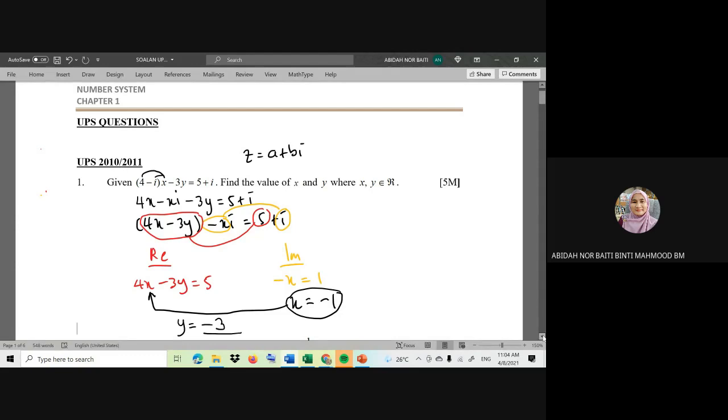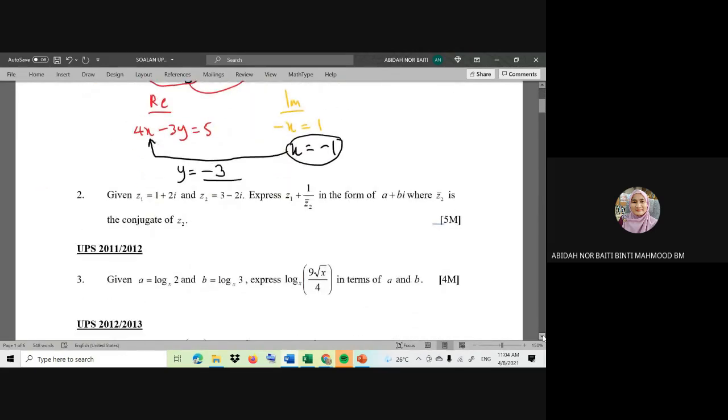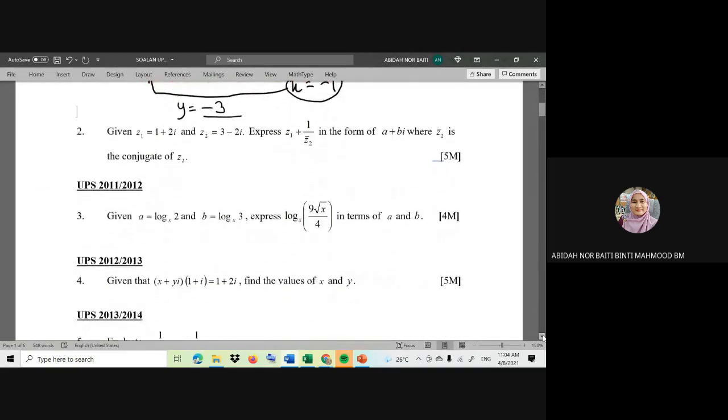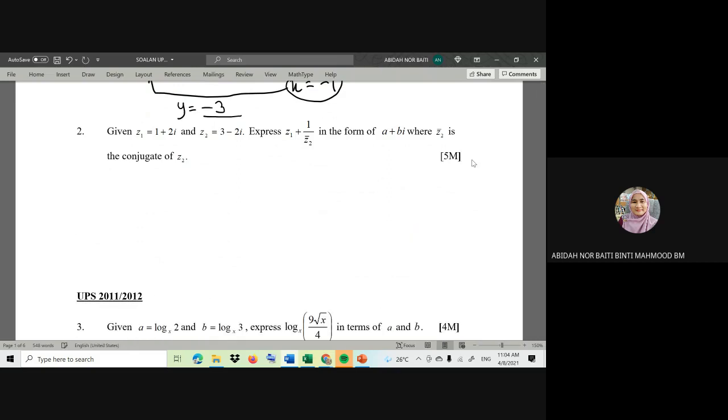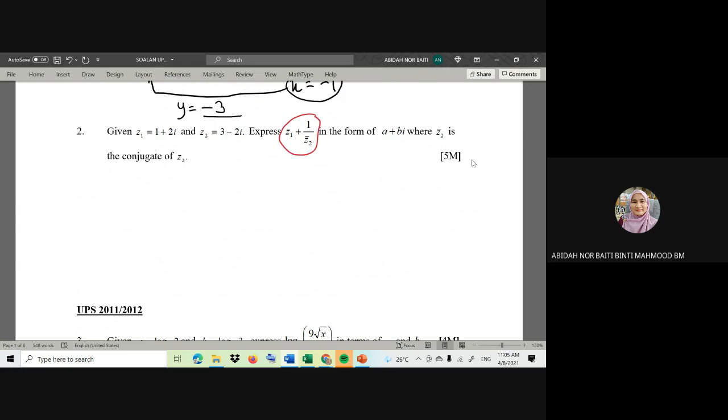Okay, for question number 2, you are given two complex numbers, Z1 and Z2. Express Z1 plus 1 over conjugate of Z2 in the form of a plus bi. So we substitute Z1 and conjugate of Z2.